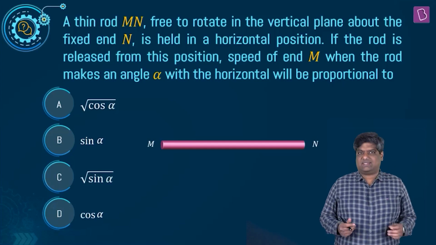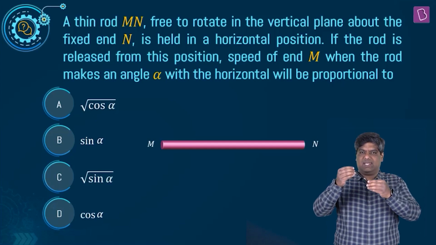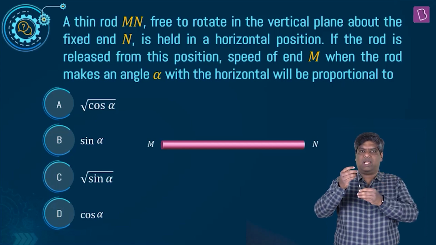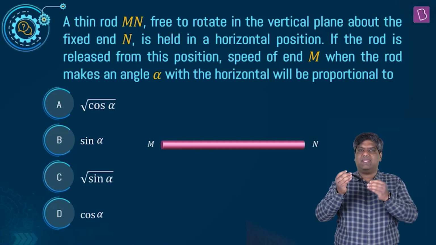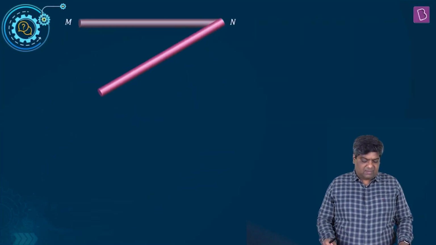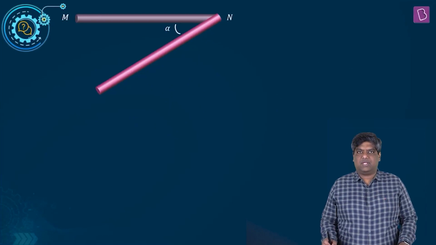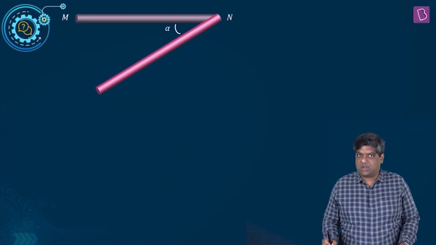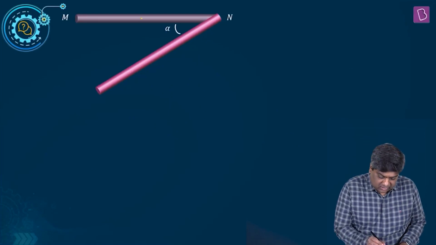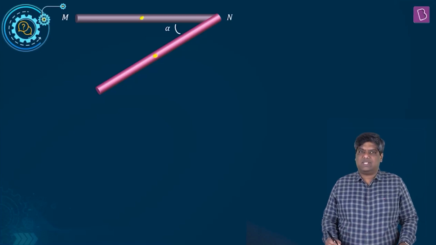So as soon as the end N is held and M is released, the rod will begin to rotate about N. Correct? The rod will begin to rotate about N, and when it makes an angle alpha with the horizontal, this will be the final position of the rod. And what is the logic there? Well, the center of mass of the rod has moved below its original position.